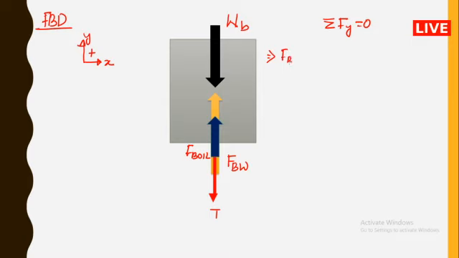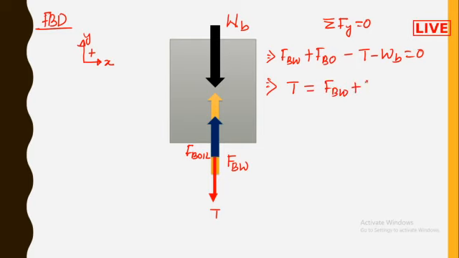So buoyancy force due to water plus buoyancy force due to oil, minus tensile force, minus weight of the body, equals 0. We need to find the tensile force, so tension equals buoyancy force due to water plus buoyancy force due to oil minus weight of the body. This is my equation 1.